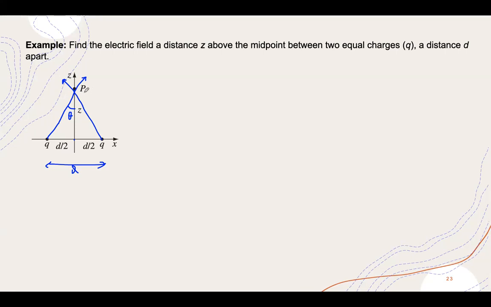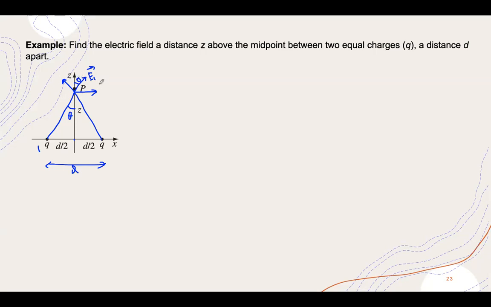So first of all, let's do this for this charge. Let's suppose this charge is 1. Due to this charge, let's suppose the electric field is given as E1. When we resolve towards the x-axis, according to our convention, this angle is theta. So this angle is also going to be theta, and hence this is going to be 90 minus theta.